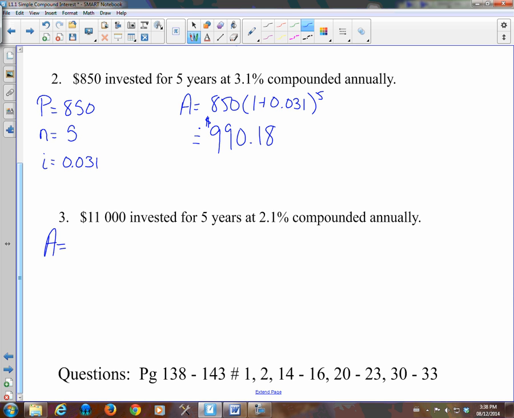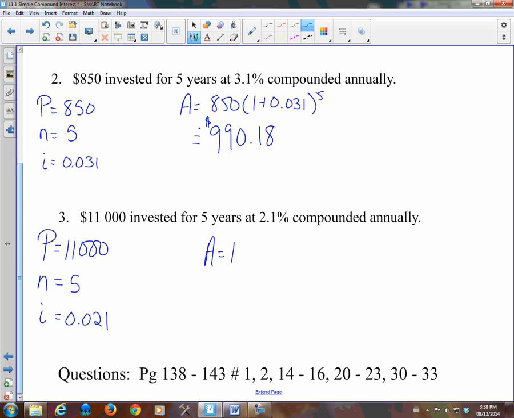Now if we look at this last one, there's my principal. So it's a good idea to get in the habit of making a list over here, because as the questions get more complicated, this list is going to help you sort through what the numbers mean in the problem. So my N is 5 years, I is 0.021.